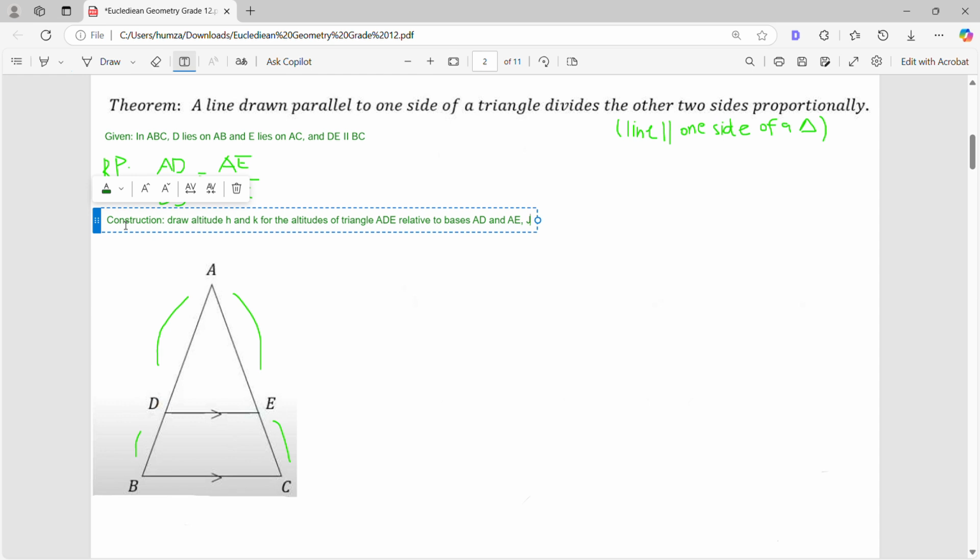Then we are going to join DC and BE. And this is the third step. We are going to do the construction.